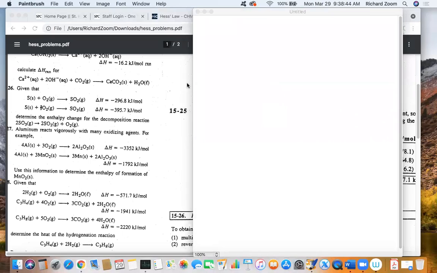Everybody's heard of systems of equations, correct? Yeah, okay. So the idea here is there's two rules. First of all, flip reaction, flip sign.